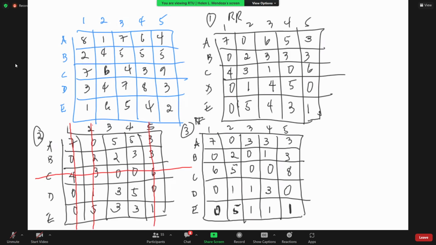Okay. So, tapos, cover mo ulit ng red lines o ng kahit anong line yung mga zeros. So, tignan ulit natin. Sa row A, isa. Sa row B, dalawa. Sa row C, dalawa. D, dalawa. E, isa. Columns, we have 3 for 1, 1 for 2, 2 for 3, 1 sa 4, at 1 sa 5.